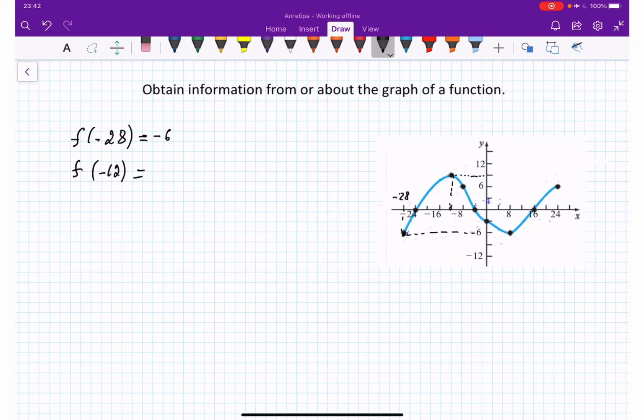So this is going to be negative 12 and 6, or, no, 9. Okay, and this is negative 28 and negative 6. So this one is going to be positive 9.